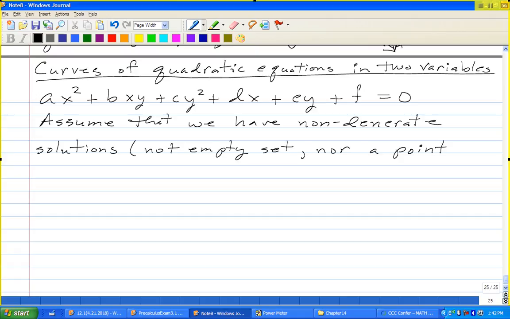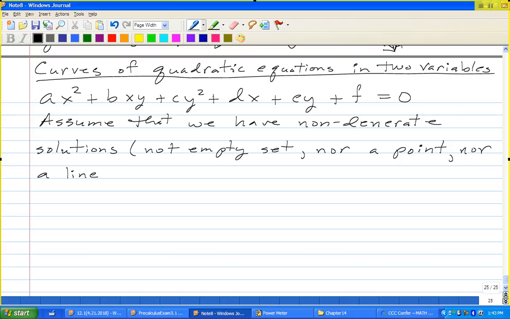You could have x equals 3, y equals 2, which would be just a point in the plane. Nor do you want a line in the plane, like y equals 3x plus 7.